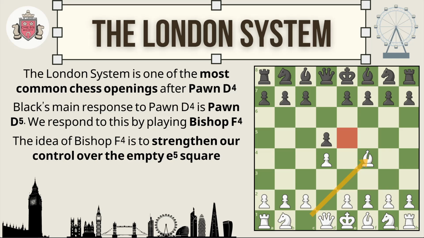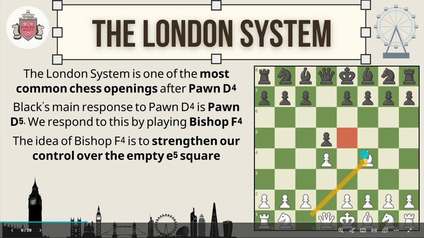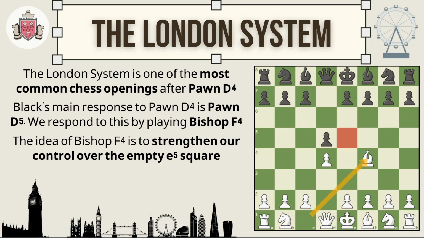What is the London system, right? Basically, it's one of the most common chess openings of all time, after the move d4. So we play pawn d4. The usual response is pawn d5, over here. To enter the London system, we play the move bishop f4. I talked about how we need to control the center, right?